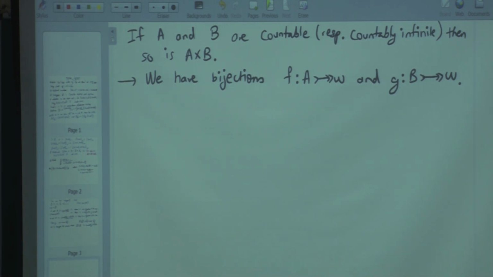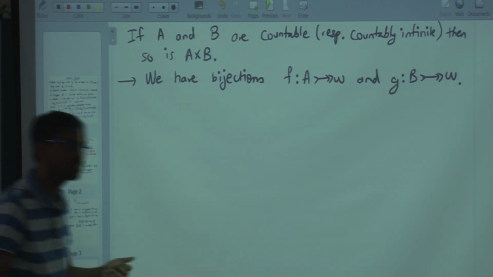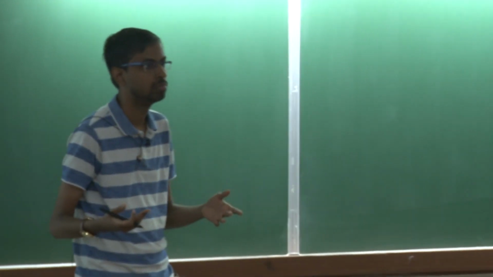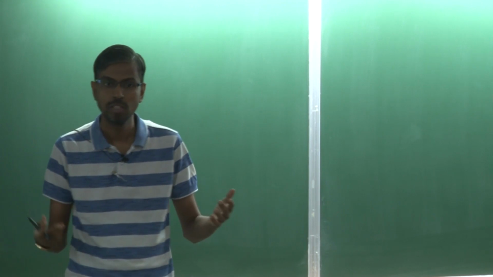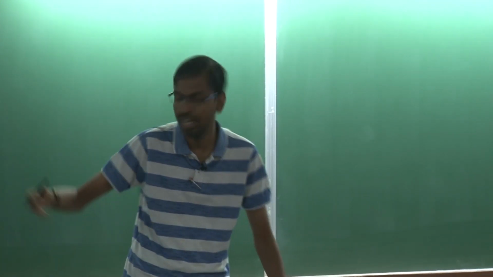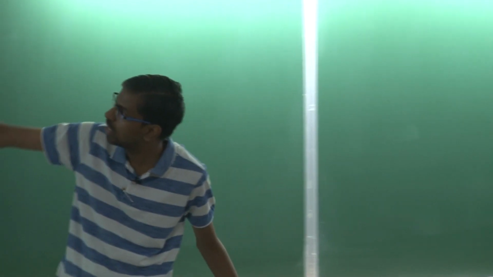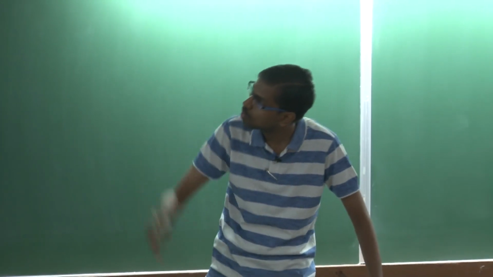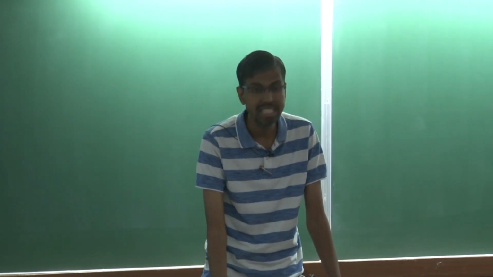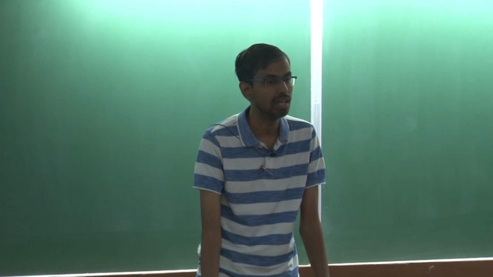Bijection is simply renaming. I take the class of students and replace them with their roll numbers. It's a one-to-one correspondence. I'm just doing it for countably infinite, but the countable argument is also similar. So it is enough to do it for omega cross omega.